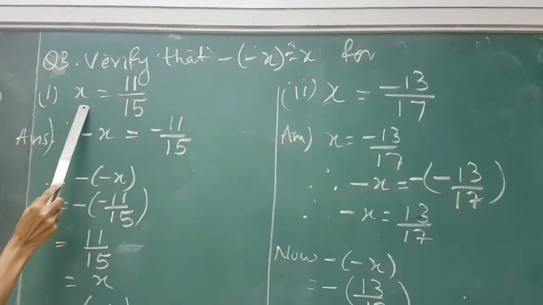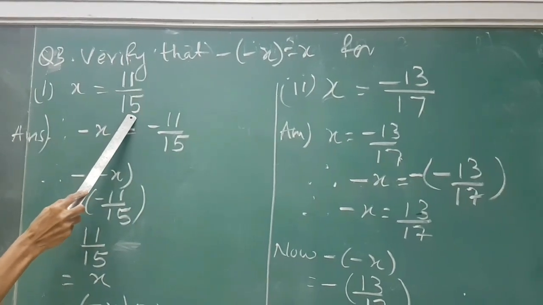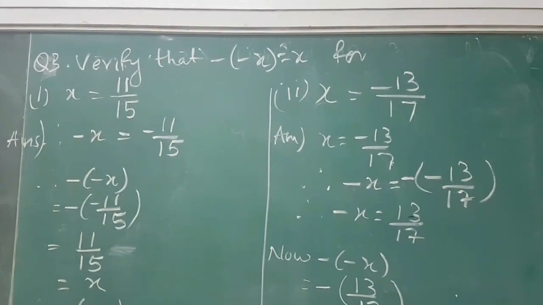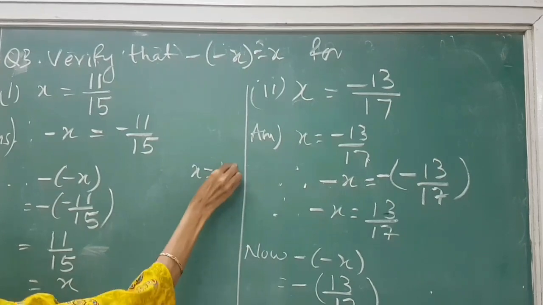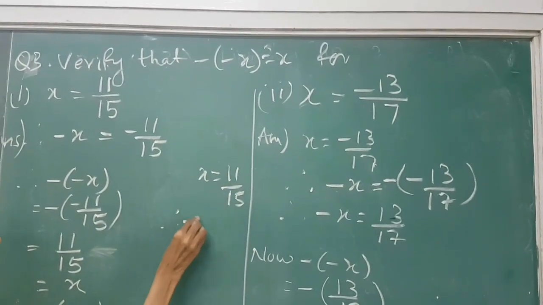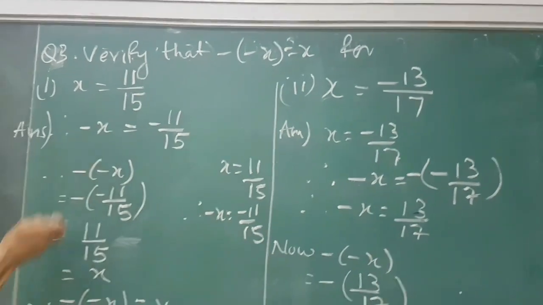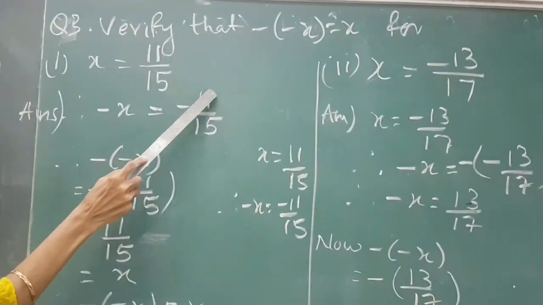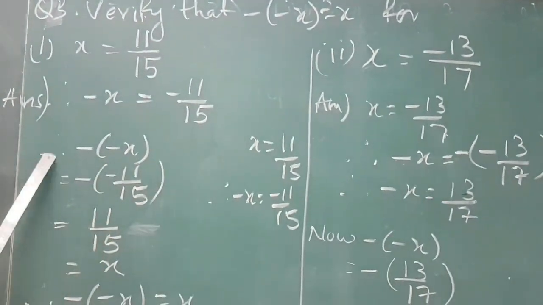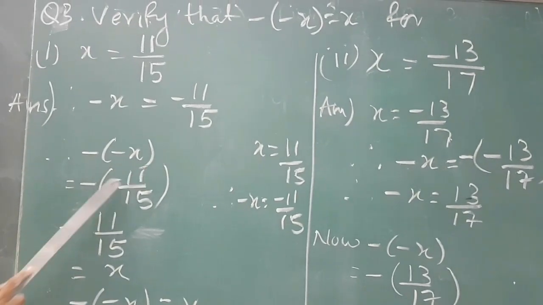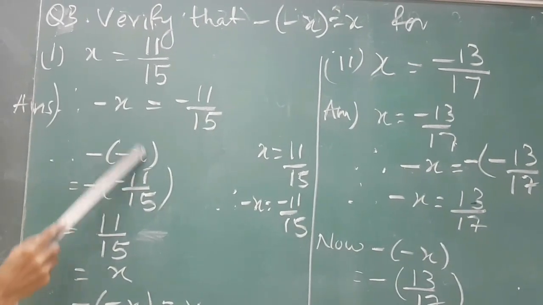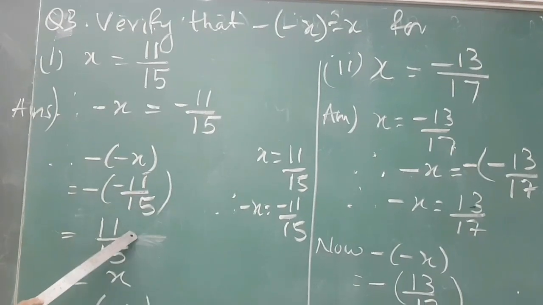Now the first question is that x is equal to 11 upon 50. So its minus x will be, what is x given? 11 upon 50. Therefore minus x will be what? Minus 11 upon 50. See, minus x is equal to minus 11 upon 50. Therefore minus of minus x, and what is our minus x? Minus 11 upon 50.